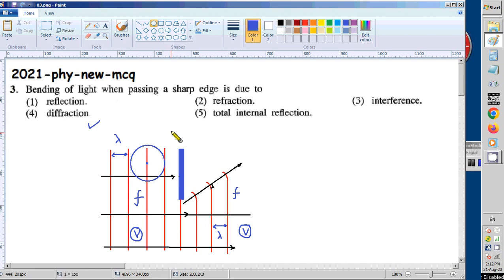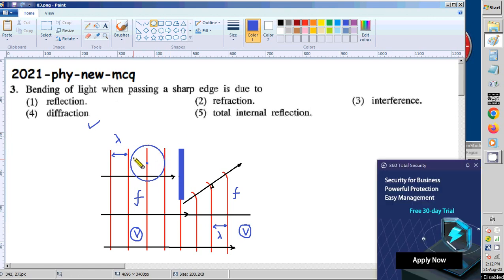How does it happen? We have to draw a lot of wavefronts like this, because there are infinite points along this plane wavefront that we have drawn in red. If we draw a number of wavefronts closer, what happens?